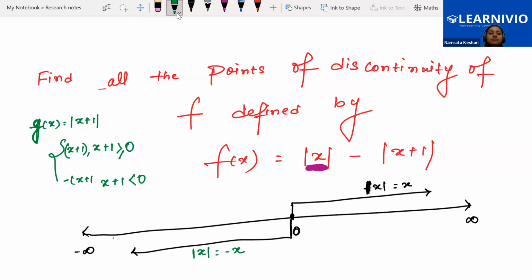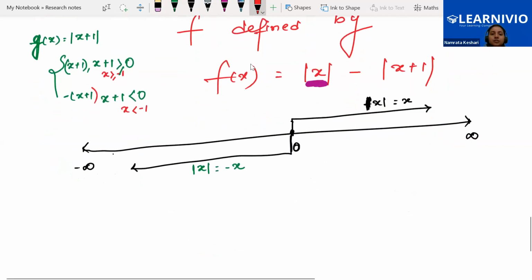Yes. And we can define the inequality like this: when x is bigger than or equal to minus 1, right? Yes. And when x is smaller than minus 1, right? Yes. Okay, so let me mark minus 1 over here.